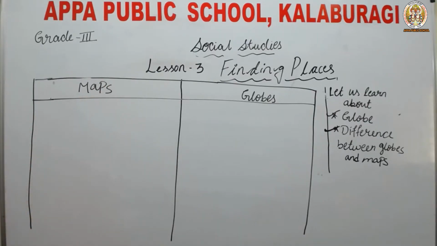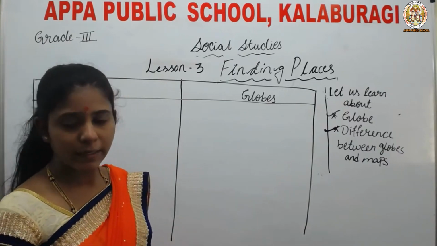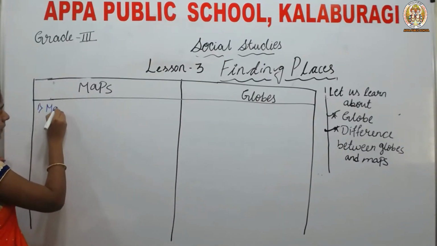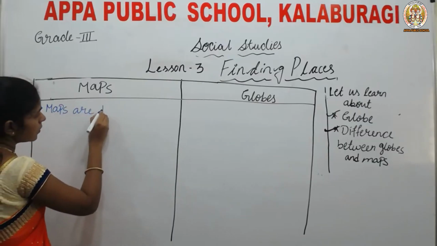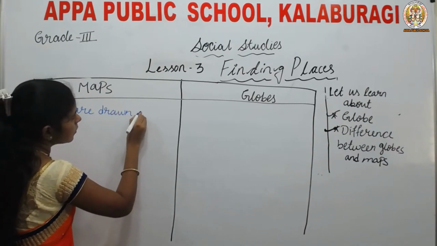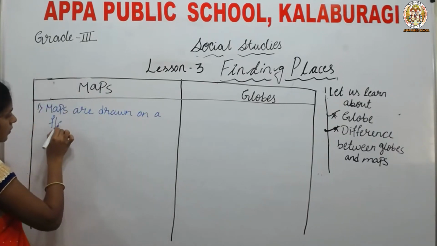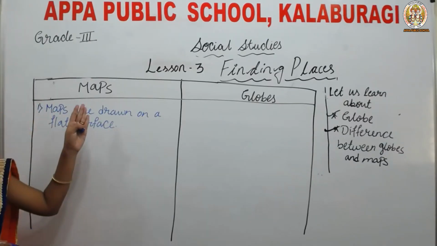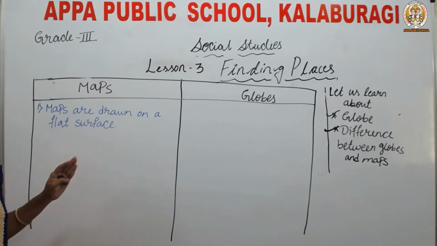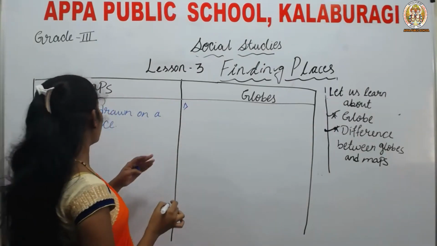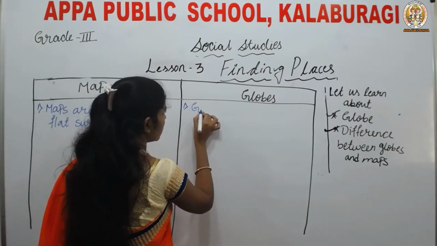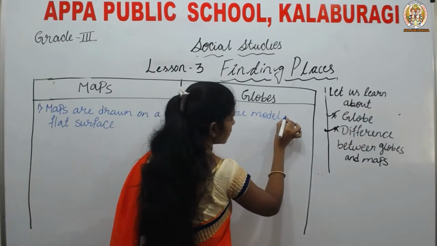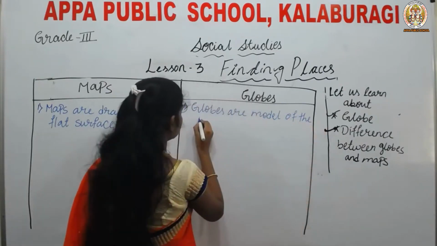See, first point. Maps are drawn on a flat surface. Globes are models of the earth.